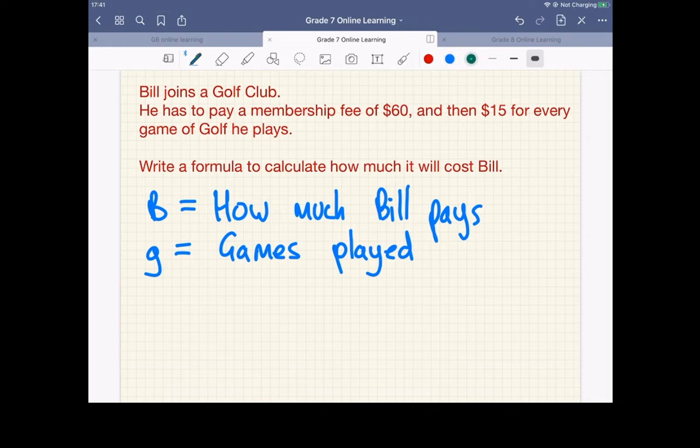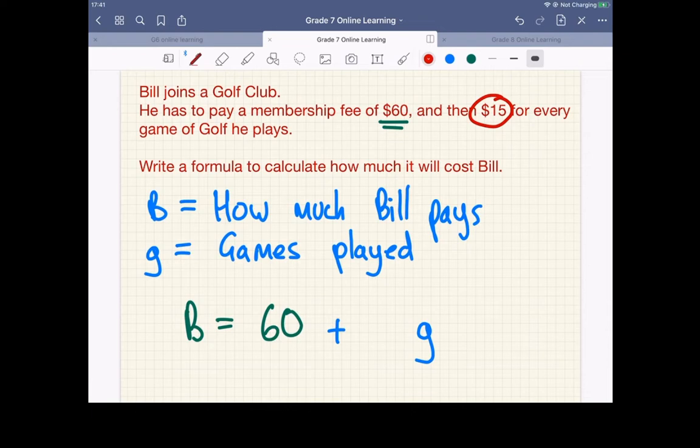So my equation, I'm going to say, well, Bill pays. Well, I know first of all he's going to pay $60 because it says however many games he pays $60. But I also know that he's going to add on his price per game. Now, for every game that he plays, it's going to cost $15.